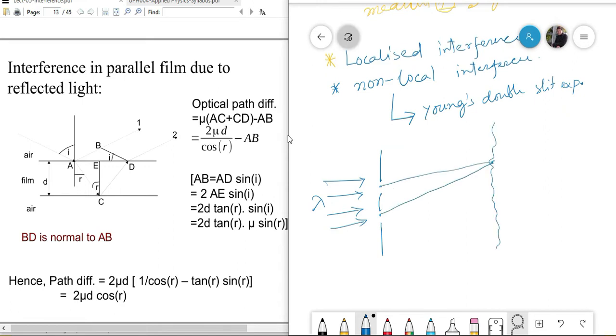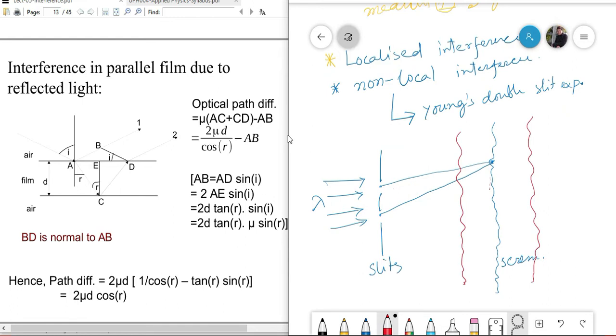Here are the slits, and this is the screen. On this screen you see an interference pattern. If I put the screen a little bit in front or here, then accordingly the interference will happen on this screen.